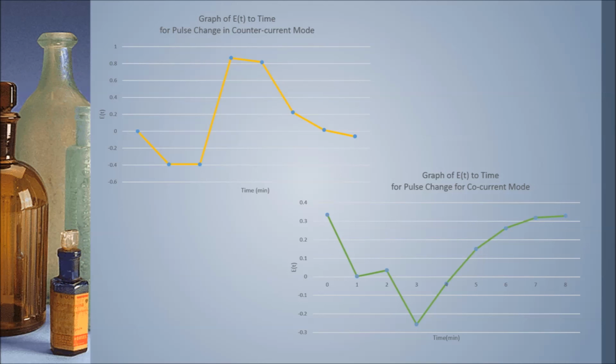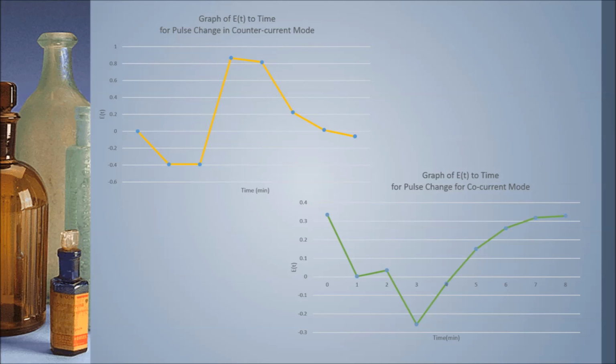And now let's analyze the pulse input. As you can see from the graph of E(t) to time for pulse change, the counter current will reach the maximum conductivity first as compared to the co-current.